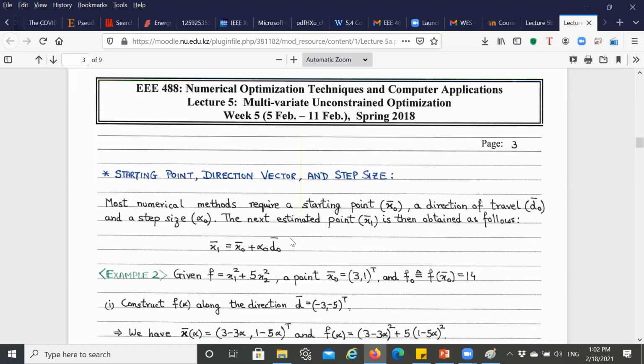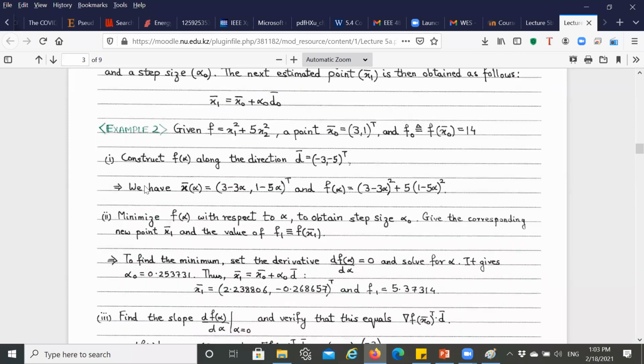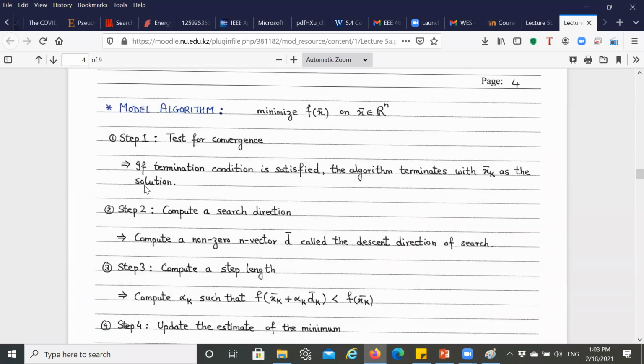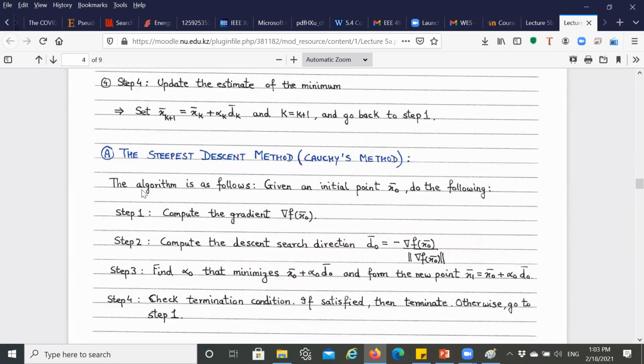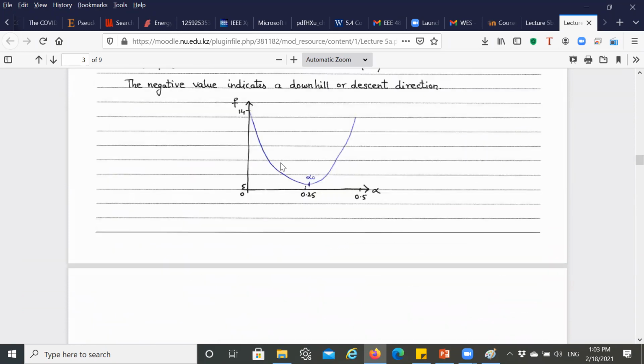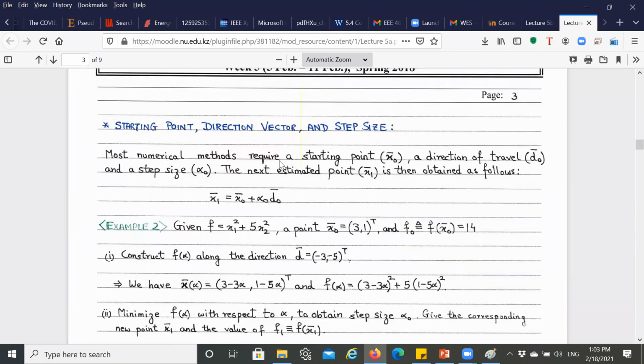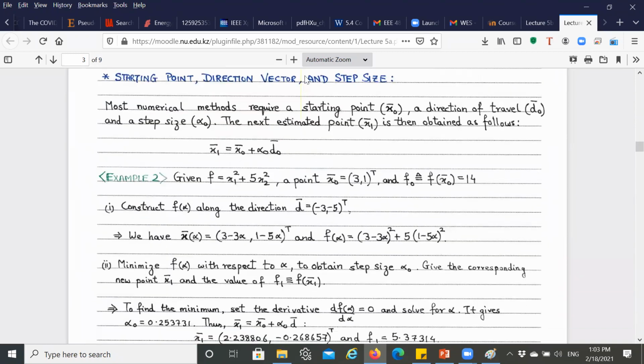If it is lesser, then that will be our new starting point. Again, we choose another direction and move in that direction till we get to some point where the functional value would be the minimum. This is basically known as the steepest descent method.